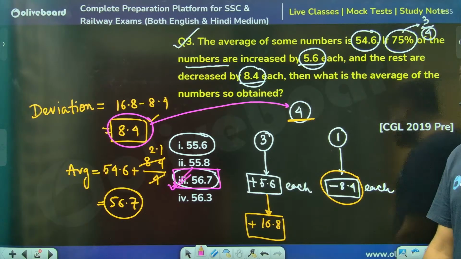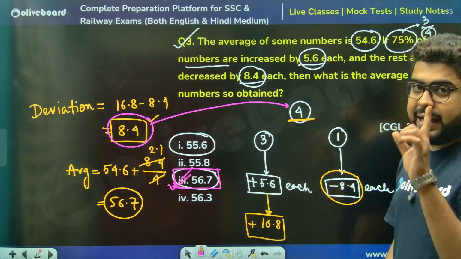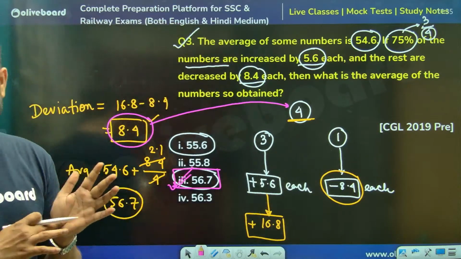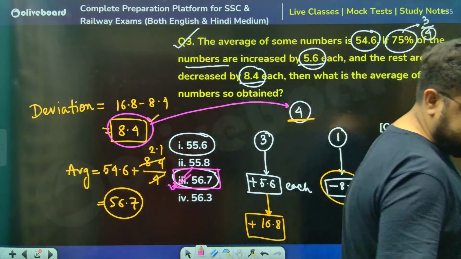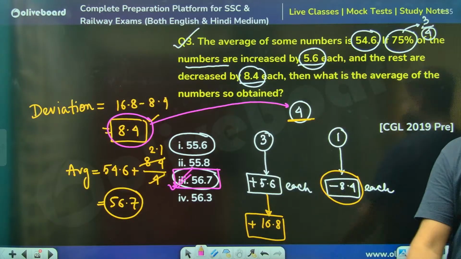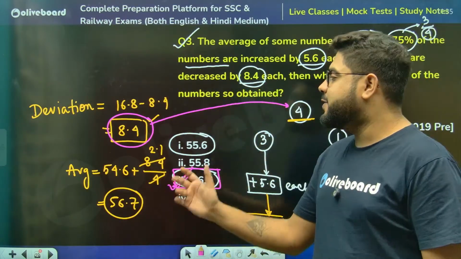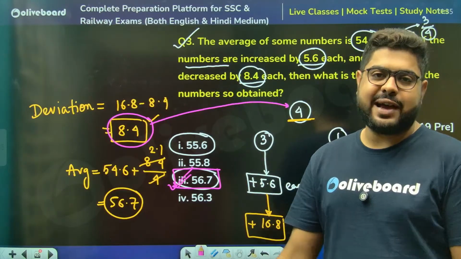Ritu, clear? Cynthia, clear? Again, don't go for those calculative methods. There is a reason I have started our understanding of average from deviation. Because you see, this is just the tip of the iceberg.